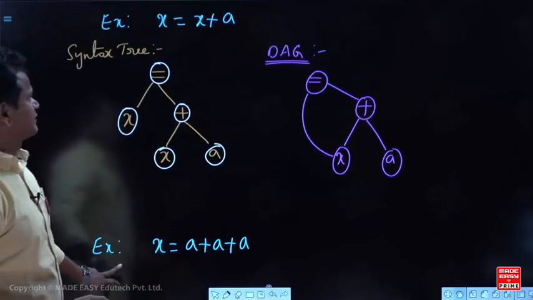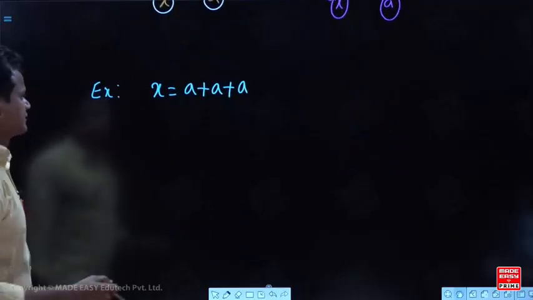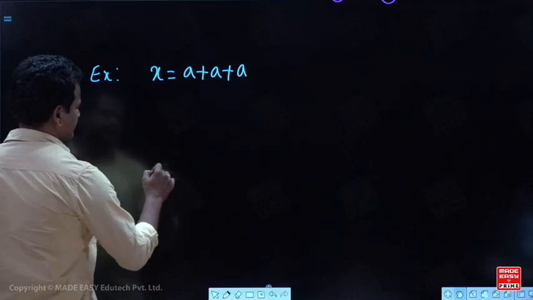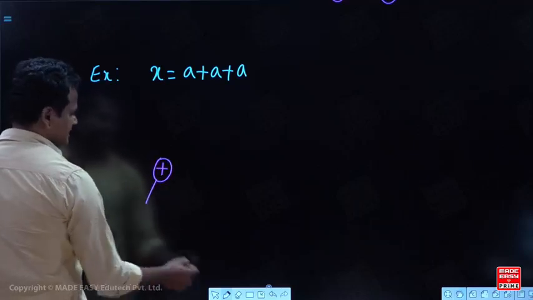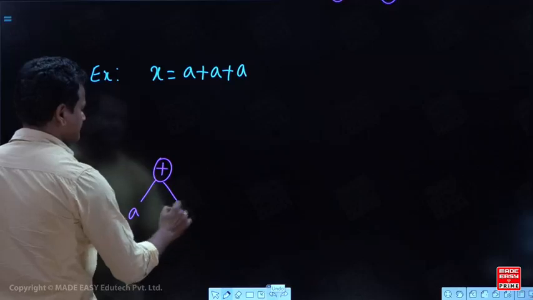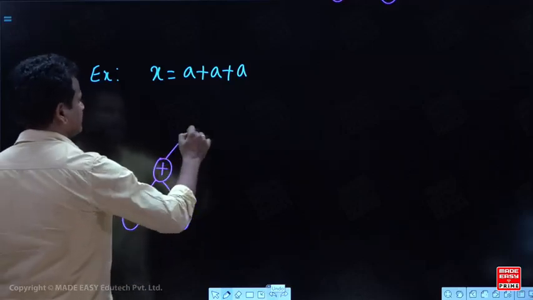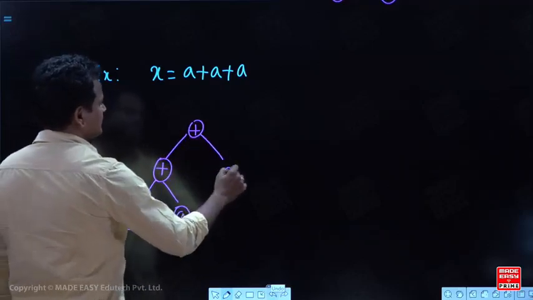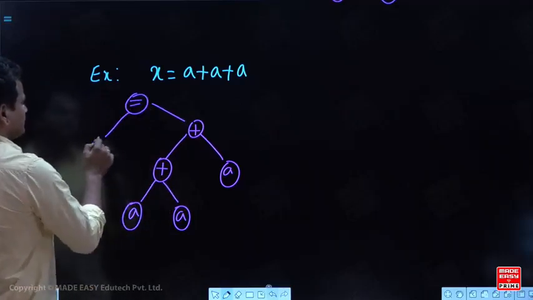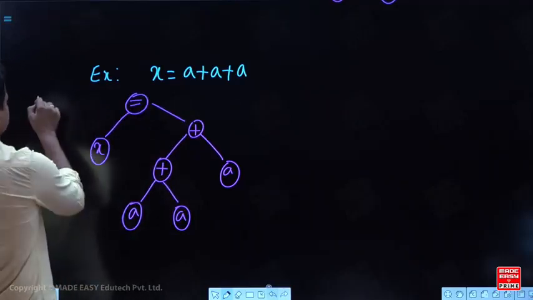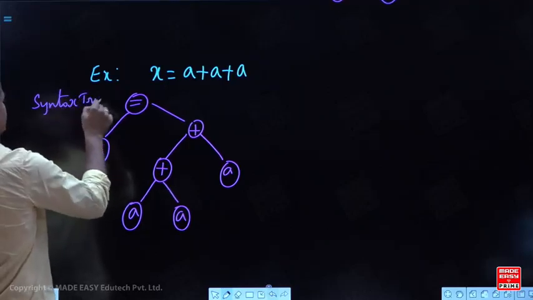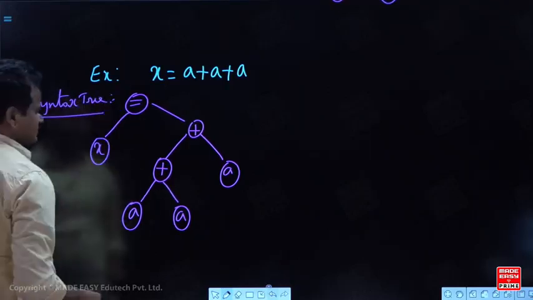Okay. Now this is the same as this one, so I will do this fast. x equal to a plus a plus a, and this whole is equal to x. Yes or no? This is the syntax tree or abstract syntax tree.